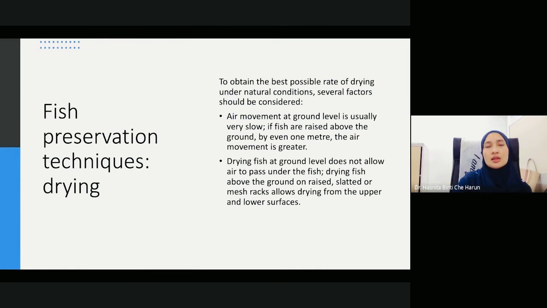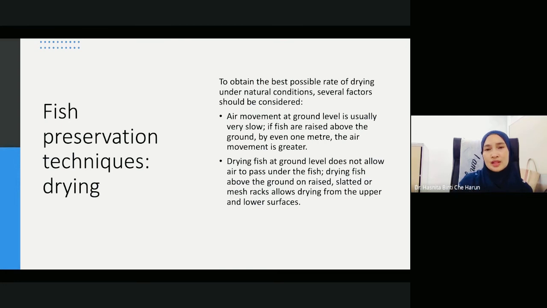Sorry, for you to obtain the best possible rate of drying using the sun or wind, you have to consider as well factors to speed up the process.